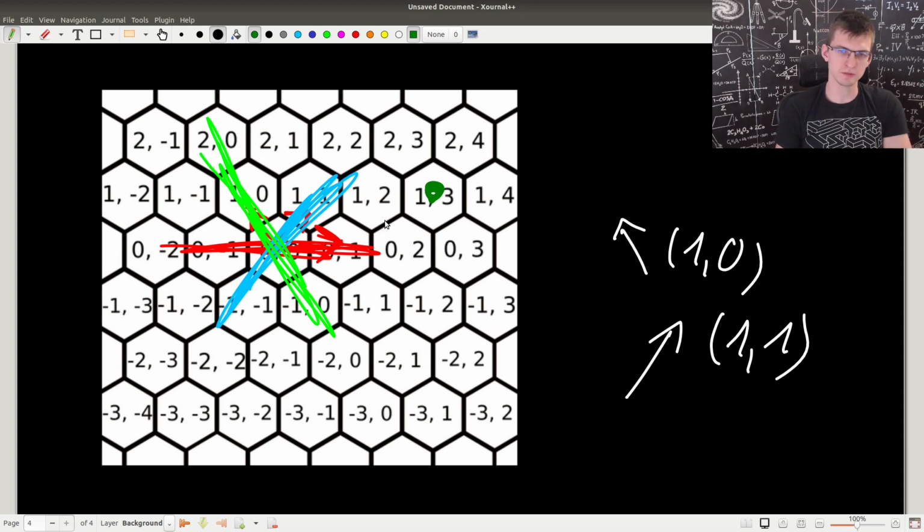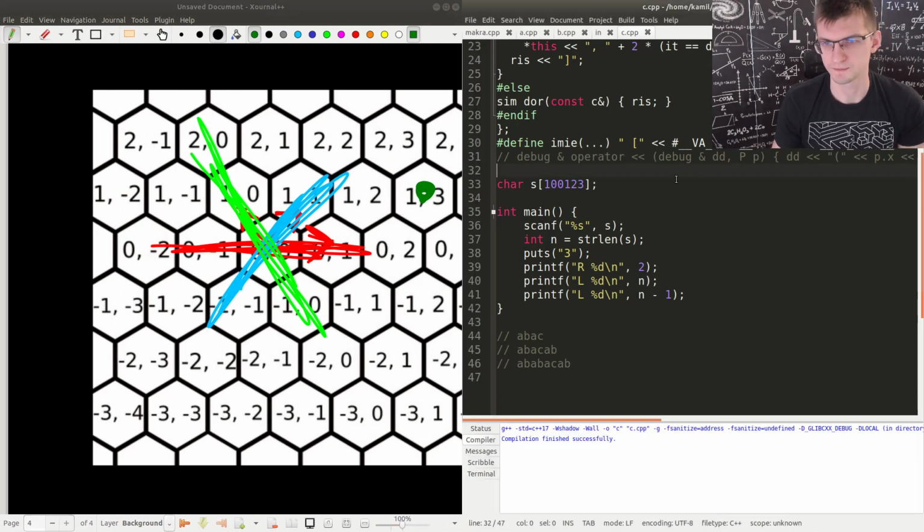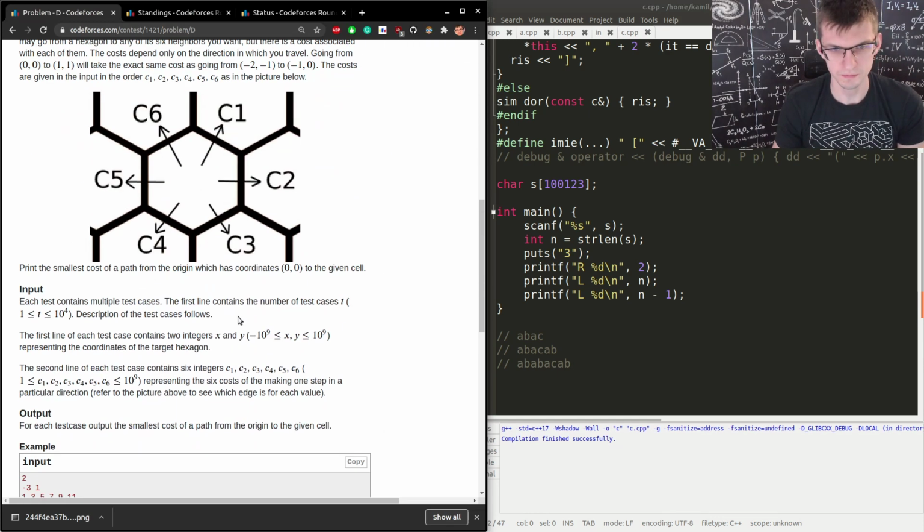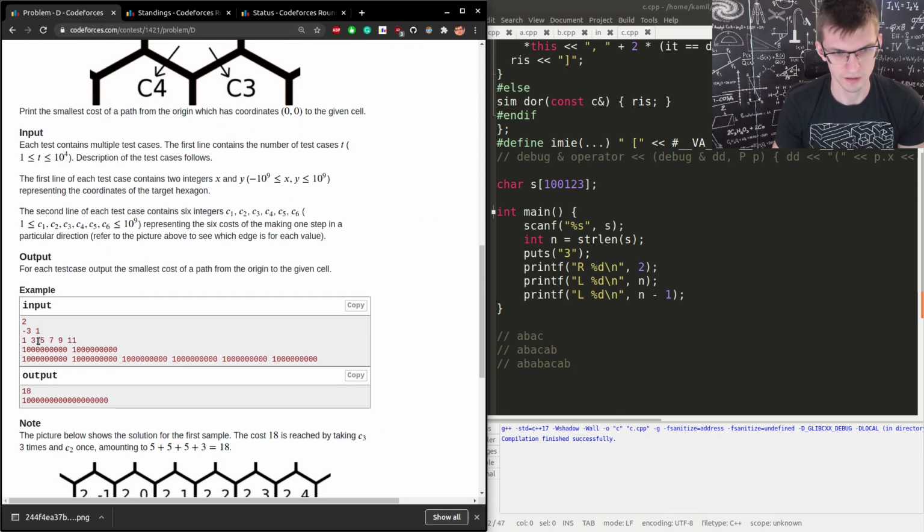I might want to use binary search or like ternary search. Okay. Quick look at input format. Test cases, X, Y, and the 6 costs.